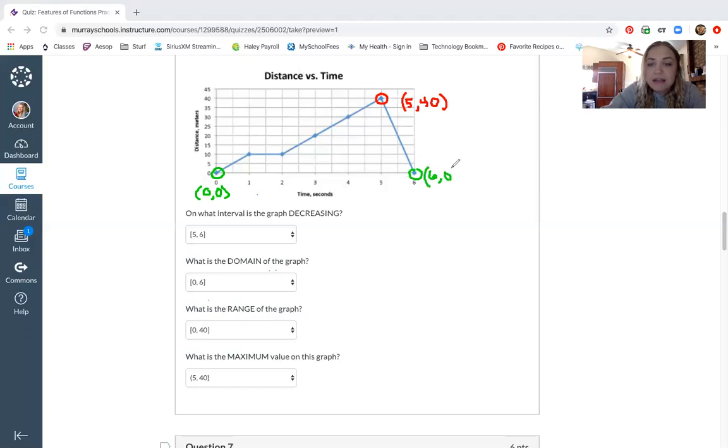You're just telling me the point that's the lowest on the graph, and then the point that's the highest on the graph. That's how we find maximum and minimum in a graph. You're looking at the highest point for the maximum, and you just write down the ordered pair for where it is. And then the lowest points would be writing down the ordered pairs for where they are. Again, on this one, I didn't actually ask you to find the minimums, but I want you to be aware of it because it's going to show up on the test.